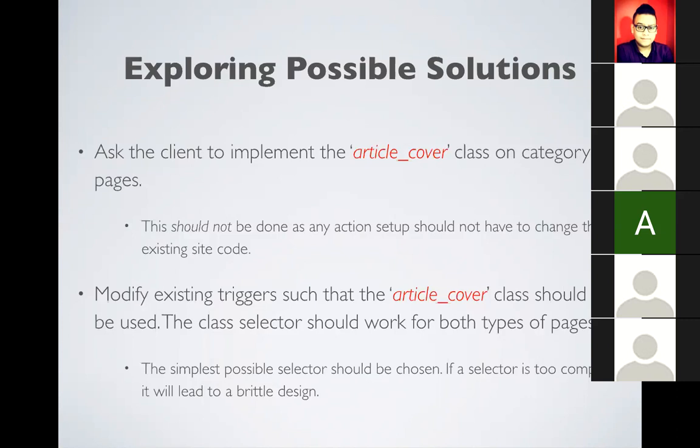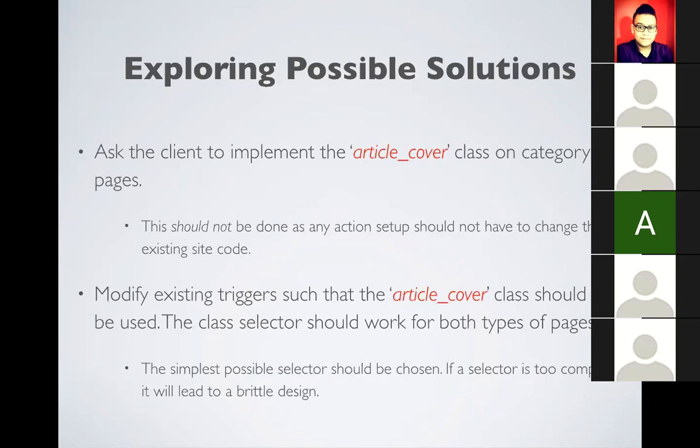The second is the action setup should never be so specific that you need to modify the existing site code for it to work. Then you just end up with a setup that is very brittle and that can break down whenever there is any minor code change in the website. And since that's beyond our control, that can happen anytime and the actions would break down. That's definitely not what we want.